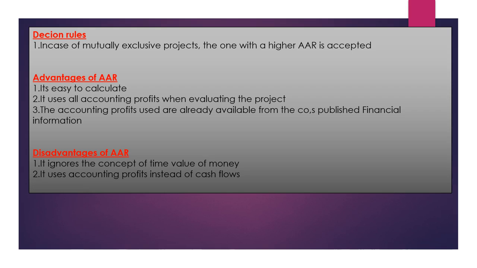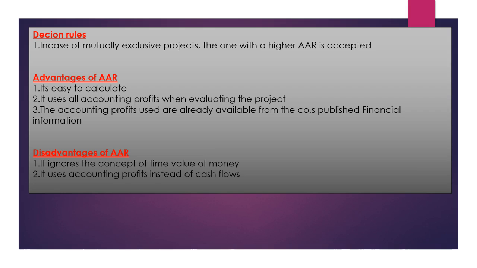Advantages of accounting rate of return: it's easy to calculate, very easy, not time consuming also. Also, it uses all accounting concepts when evaluating the project. As you have seen, we use the accounting profit when finding the average.